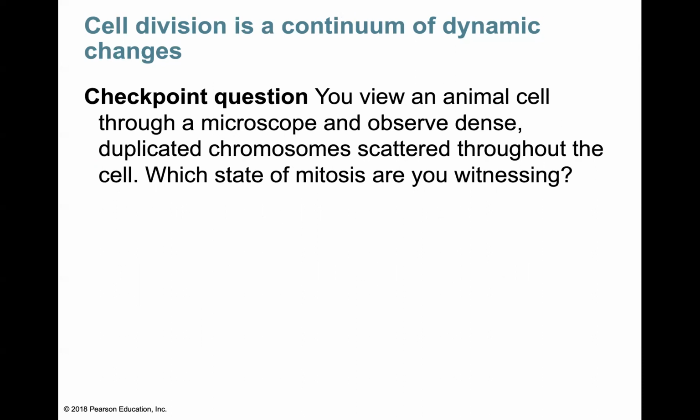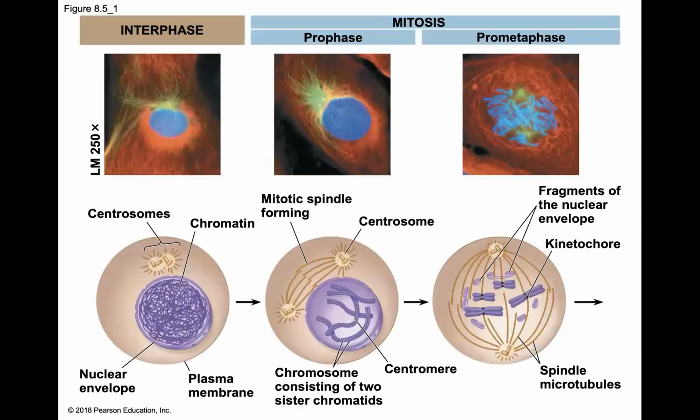You view an animal cell through a microscope and observe dense, duplicated chromosomes scattered throughout the cell. What stage of mitosis are you witnessing? Okay, so we're going to highlight these stages of mitosis. So remember, we said that the eukaryotic cell cycle can be broken down into two general phases.